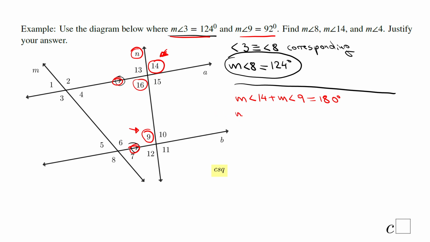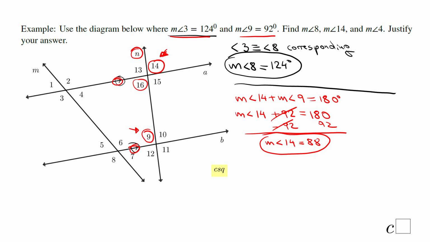So the measure of angle 14 plus 92 equals 180. I'm going to subtract 92 and I'm going to have the measure of angle 14 equals 88 degrees.